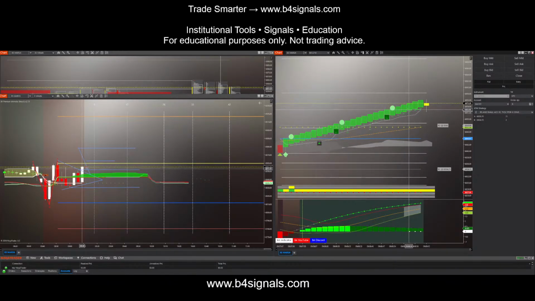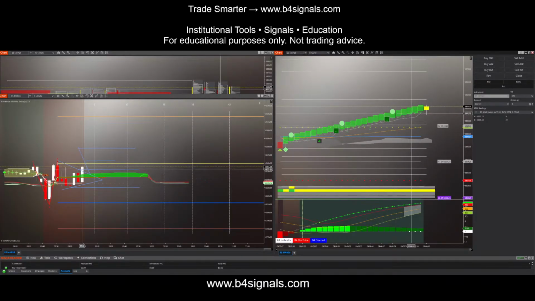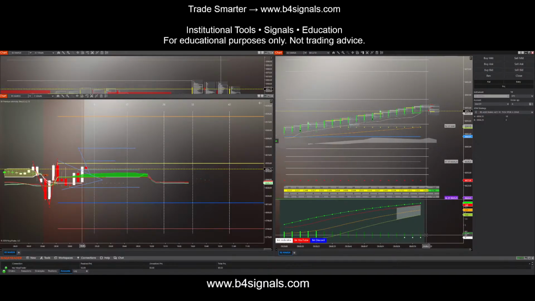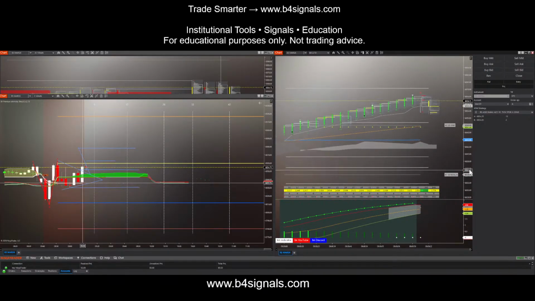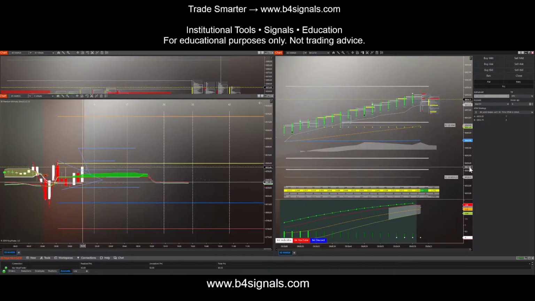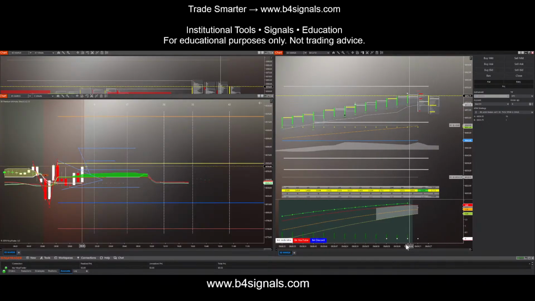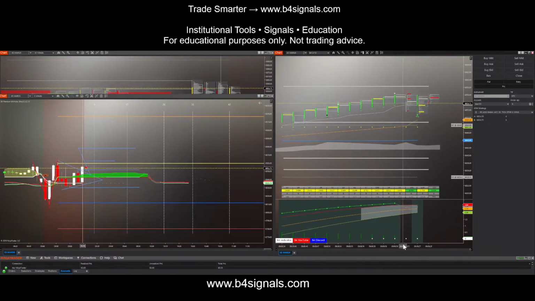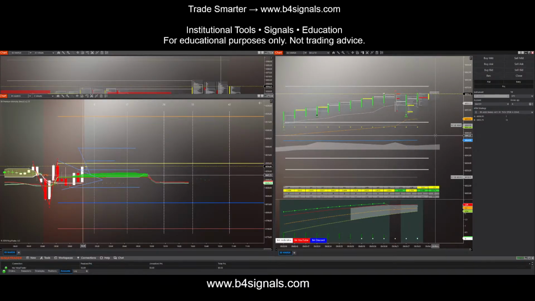That would have taken it out right there. Using number theory and everything, discipline, number theory, different things that I've found useful in the market over the years.